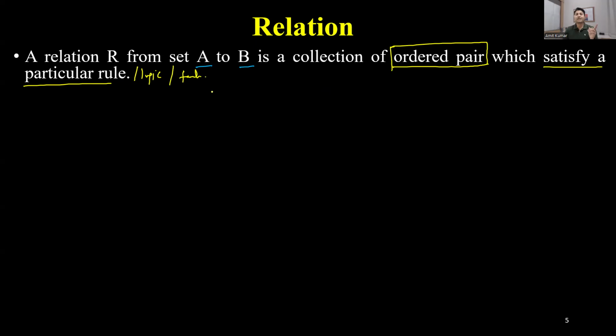As in the last example, my logic is: A comma B belongs to R if B represents the position of A in the alphabet sequence. So that is the logic I have to define this relation.